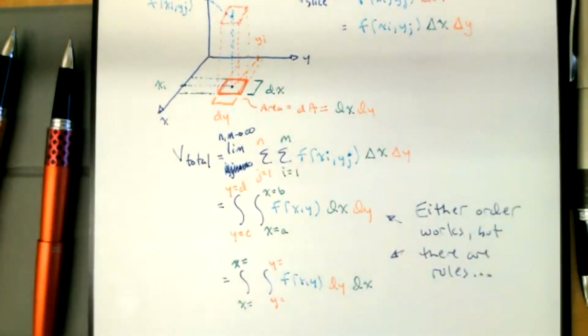Either order works, but there are rules. Sometimes one will be better than the other. Both will always be possible, but sometimes one is just going to be more convenient than the other one.